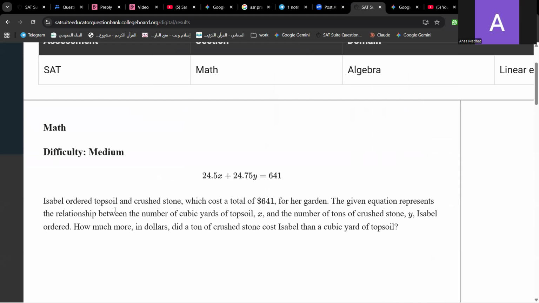Isabel ordered topsoil and crushed stone, which cost a total of, okay. An equation represents the relationship between the number of cubic yards of topsoil, x, and the number of tons of crushed stone. How much more in dollars did a ton of crushed stone cost Isabel than a cubic yard?